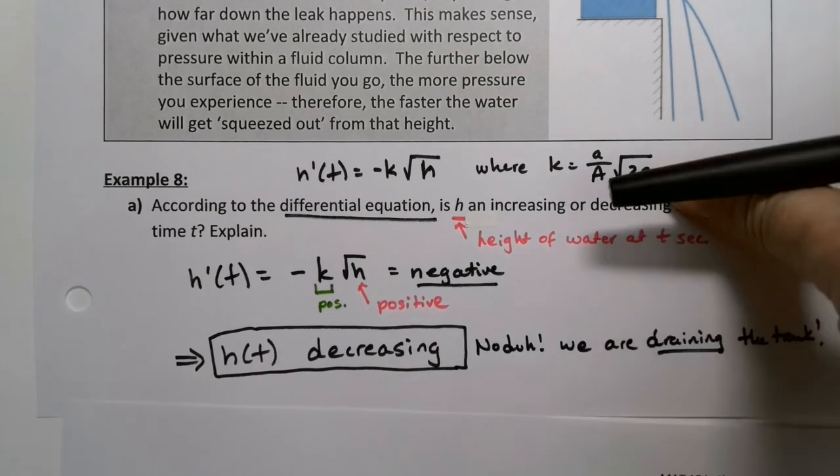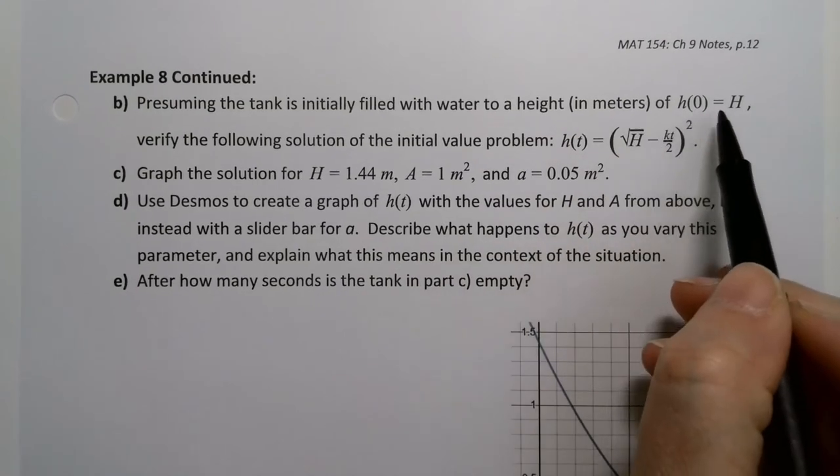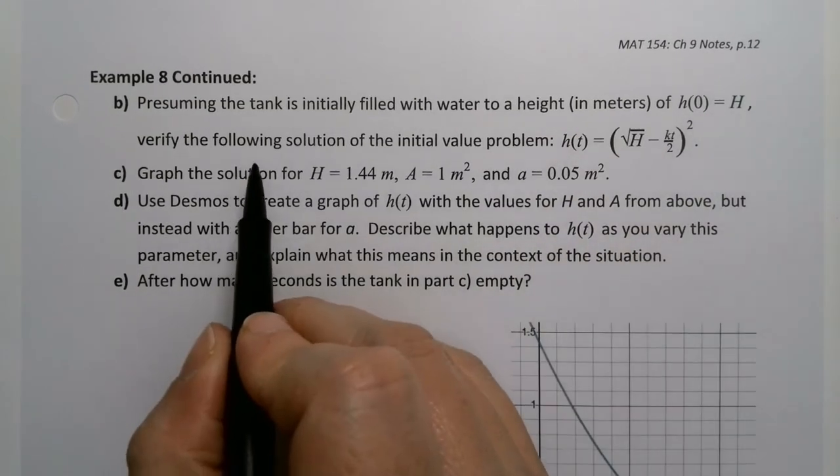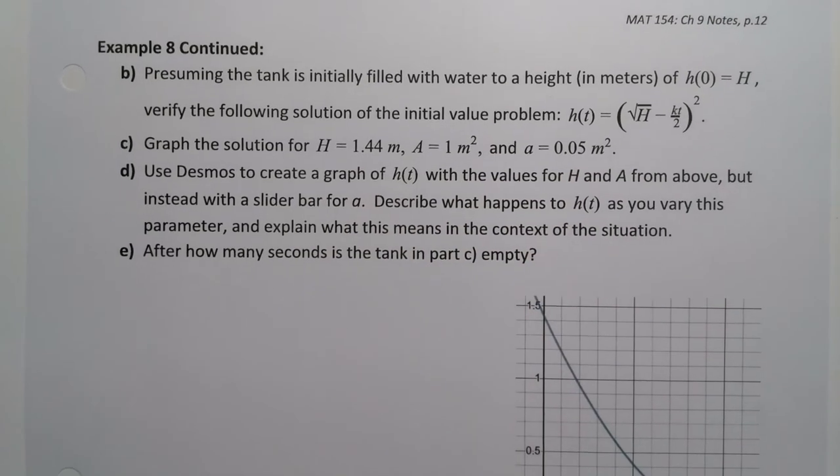All right, now presuming the tank is initially filled with water to a height in meters of h of 0 equals capital H, verify the following solution of the initial value problem. All right, so there's that verify again.